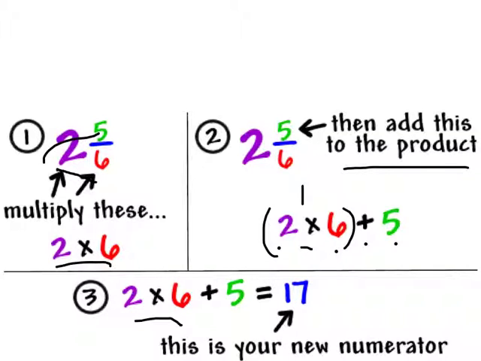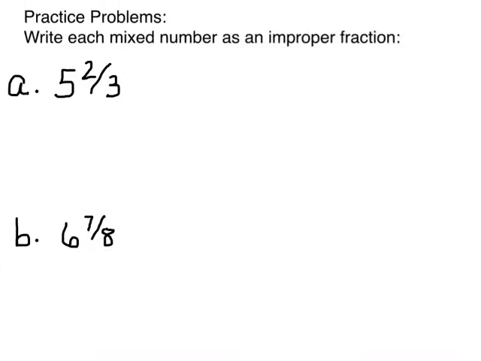So 2 times 6 is 12, and 12 plus 5 is 17. So what I would be left with is 17 as the numerator, and 6 still is the denominator, so I would have 17/6 in this case. Go to the next page and we'll work on your practice problems.